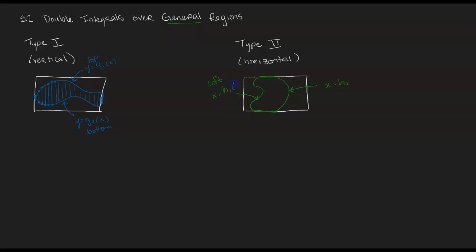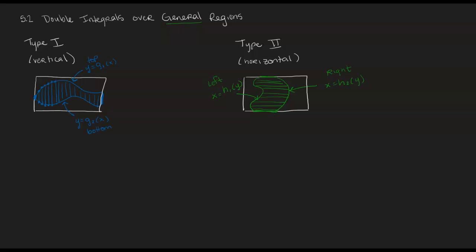Well, it's a normal habit, but this is a function of y, not a function of x. And just like our type 1 region, I'm going to draw a bunch of lines that are horizontal this time rather than vertical, starting from my bottom and working my way up. Every one of these horizontal lines that I'm drawing is connected by the h1 and h2 functions.